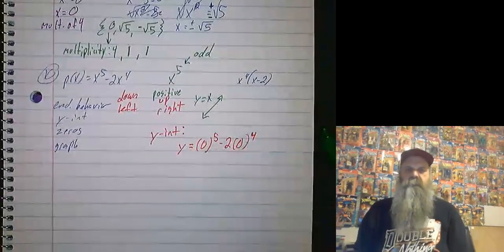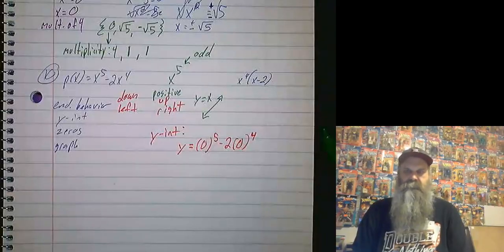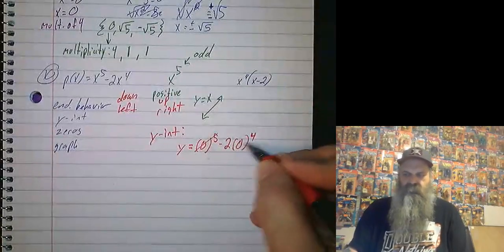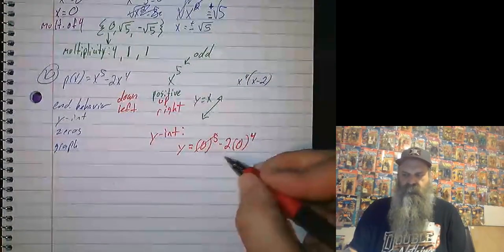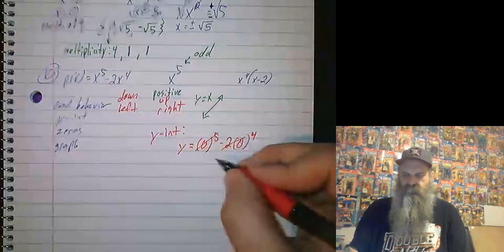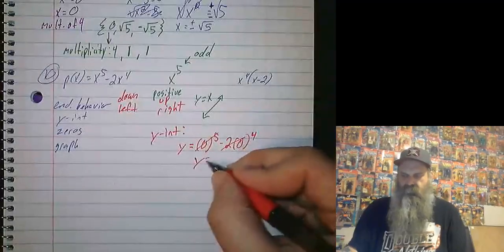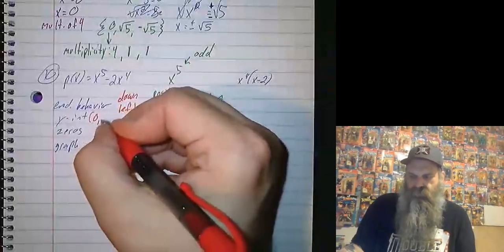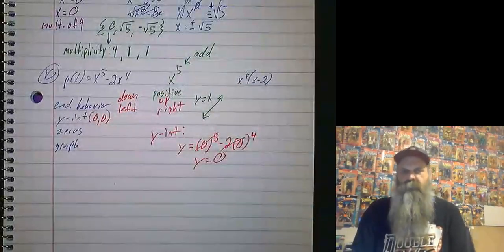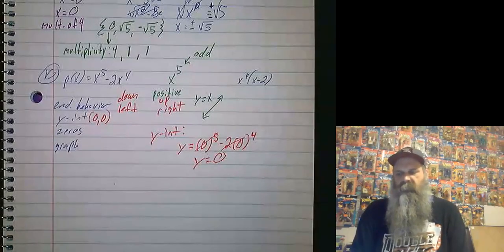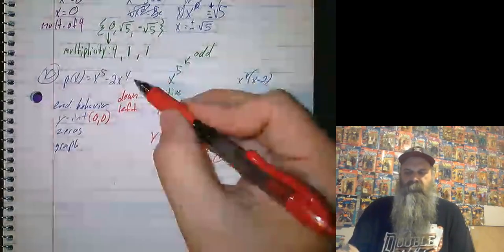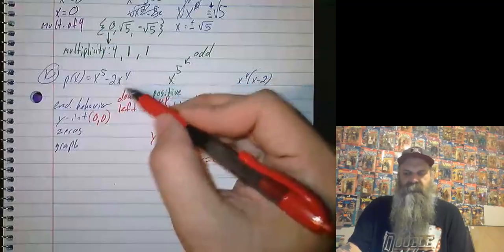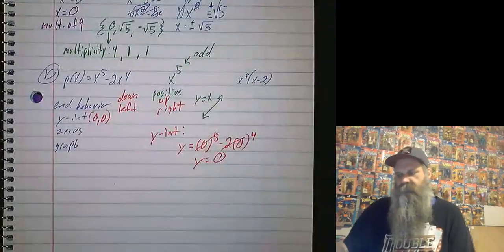When you plug in zeros for the x, it just cancels those terms out. They become zeros. 0 to the 4th is 0. -2 times 0 is 0. So y equals 0. So when we plug in 0 for the x, we get 0 for the y. And that's what you'll get every time unless there's a constant being added or subtracted that has no x in it.